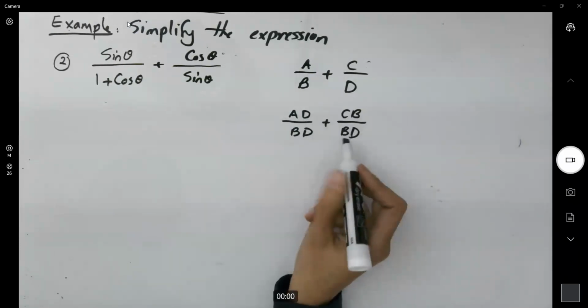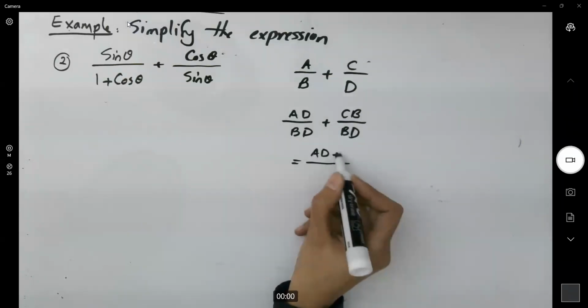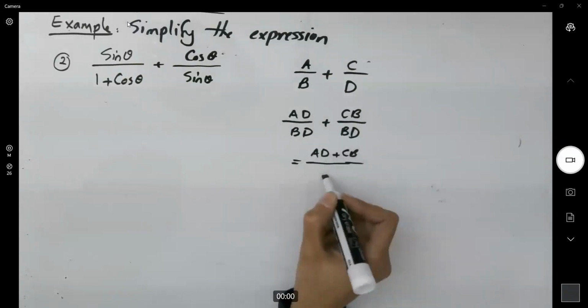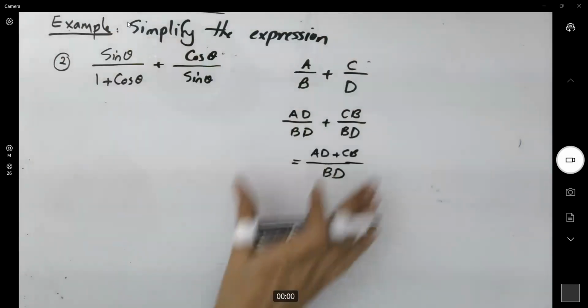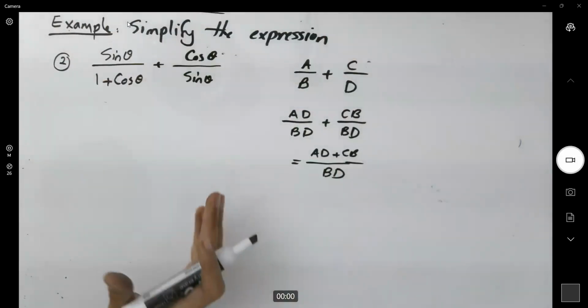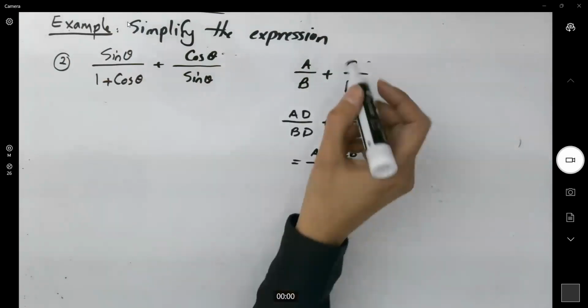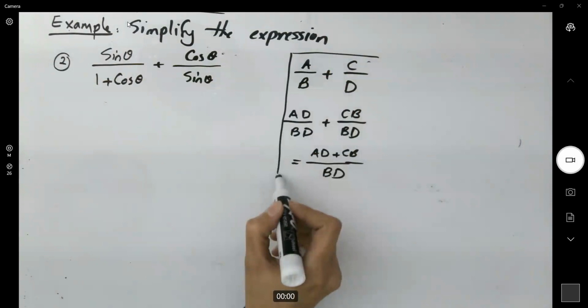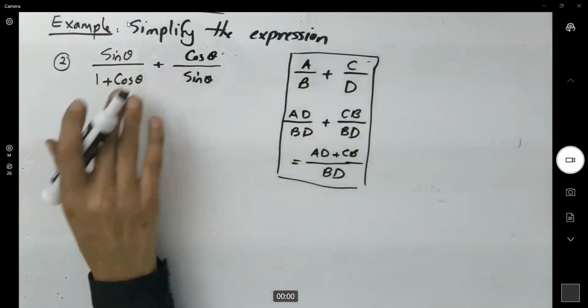Now you have the same denominator, and you write it as ad plus cb over bd. From algebra, I know this is what I should expect, so I'm going to apply what I learned from algebra to trig.